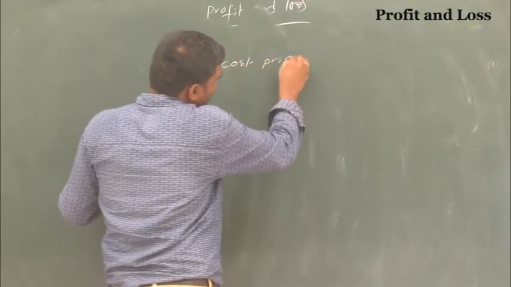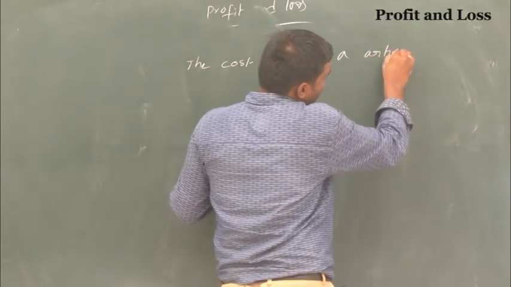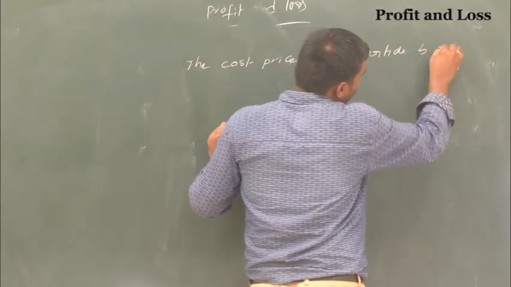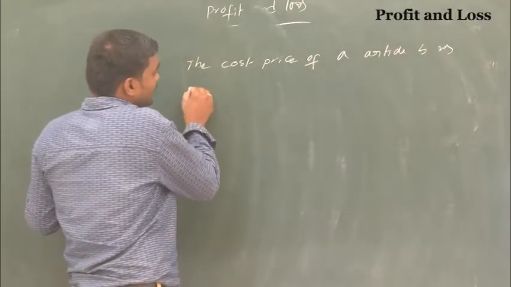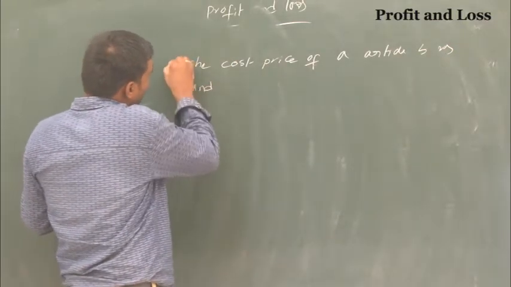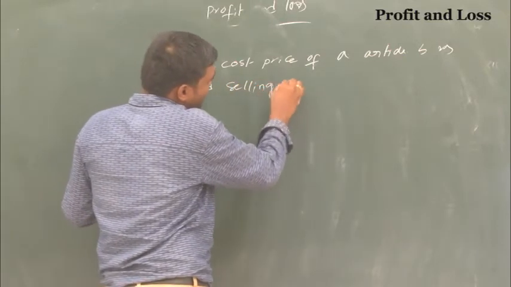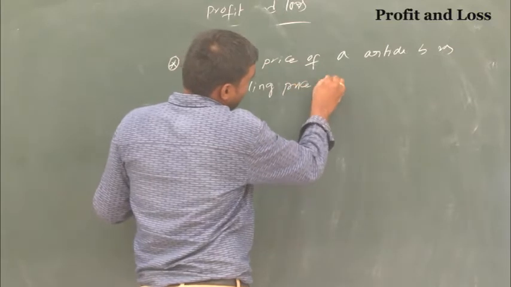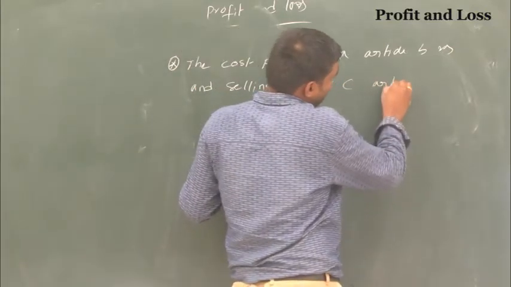The next example: the cost price of A articles is B rupees, and the selling price of C articles is D rupees.